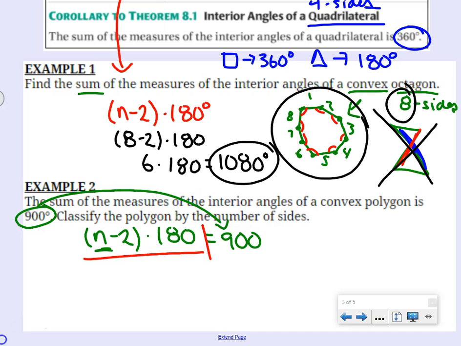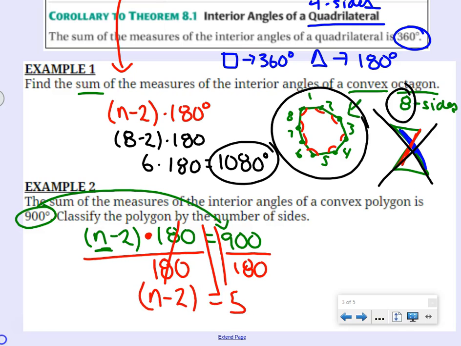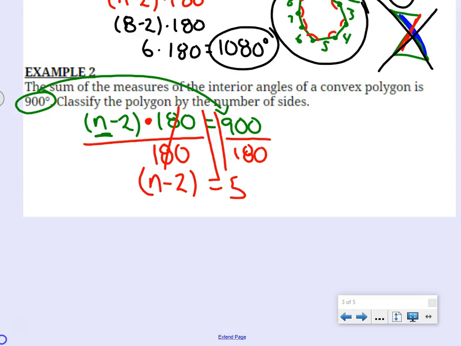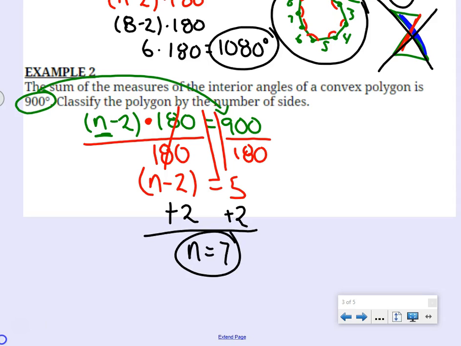Solve this equation. We want to undo this multiplication with dividing by 180 on both sides. This cancels out, so we're left with n minus 2 equals 5. Undo minus 2 with plus 2 on both sides, and we get n equals 7.